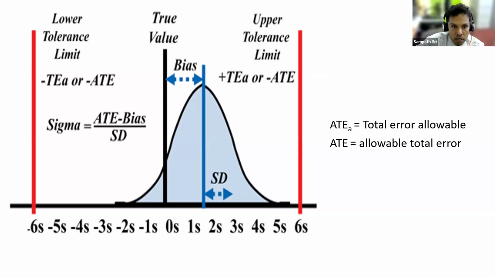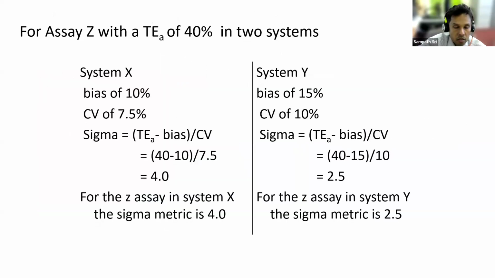I'll give you one example of how we are doing this. If we have two systems and if we know the assay's total allowable error, we can calculate our sigma. We need to know our bias and our CV, then we can calculate sigma using this formula.